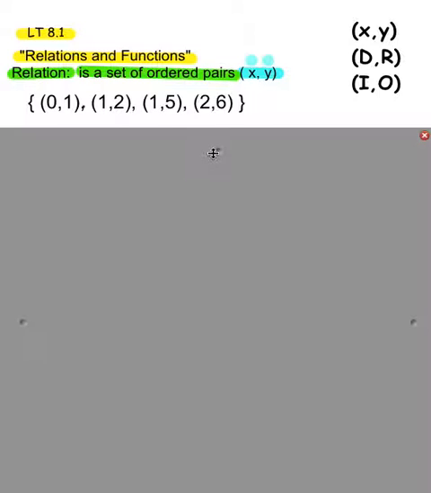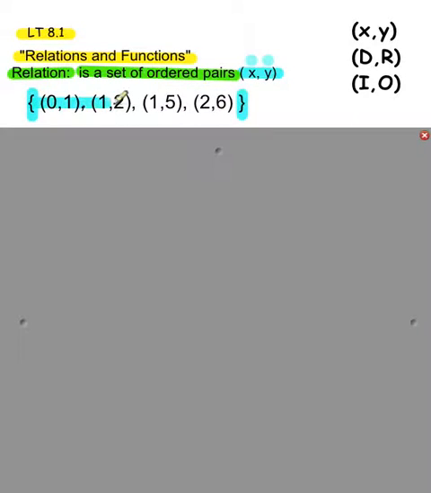This would be an example of what a relation would look like. So I want you to put this one in your notes. Now notice they started with this solution set. And they put ordered pairs in the middle. Now I happen to have 4 ordered pairs: (0, 1), (1, 2), (1, 5), and (2, 6).